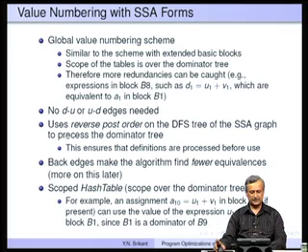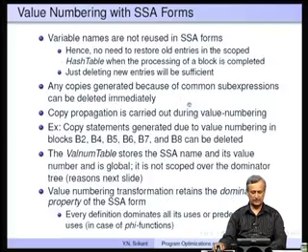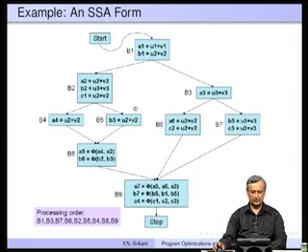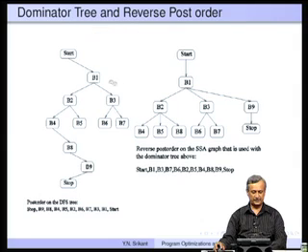Another interesting feature is it uses the reverse post order on the DFS tree. So, what we really do is we take the SSA graph. So, I will show you that also in a minute. This was the SSA graph. So, we do a DFS on this, depth first search on this.